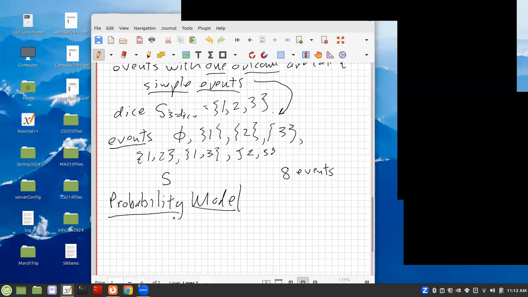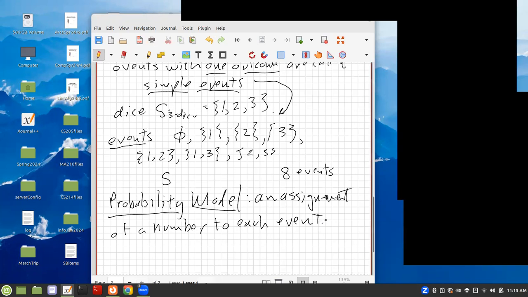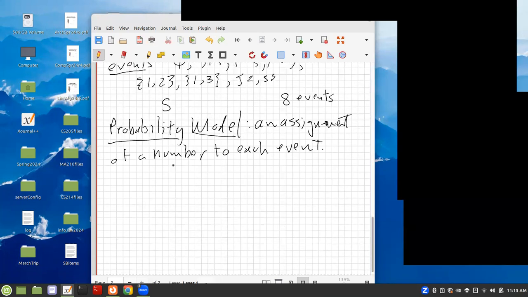A probability model is an assignment of a number P to each event, such that first, P is greater than or equal to 0 and less than or equal to 1.